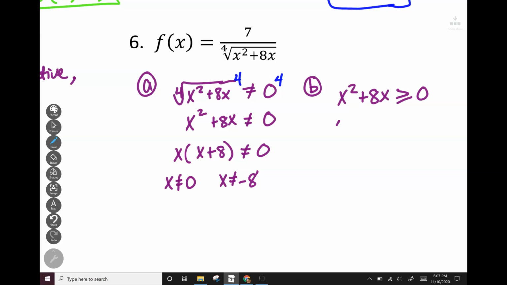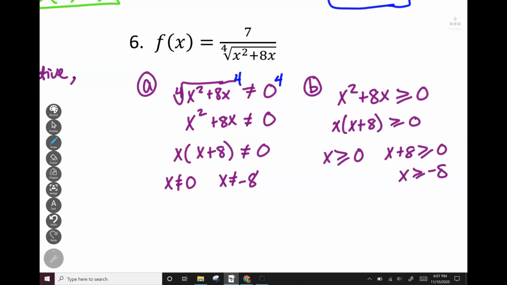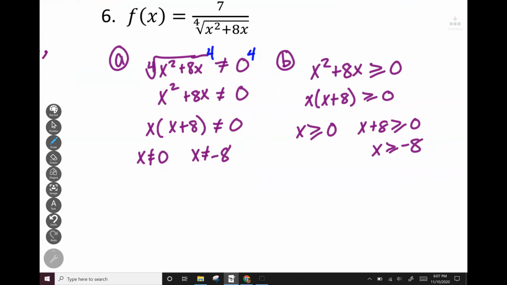Again, you need to factor that. So that's x must be greater than or equal to 0, and x plus 8 has to be greater than or equal to 0, which, solve that, x is greater than or equal to negative 8. So these are both restrictions.